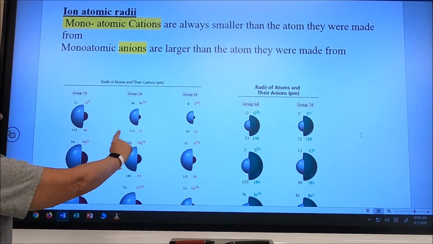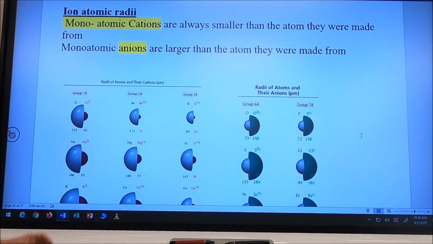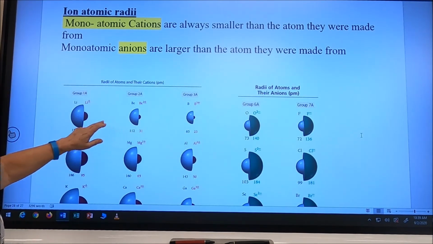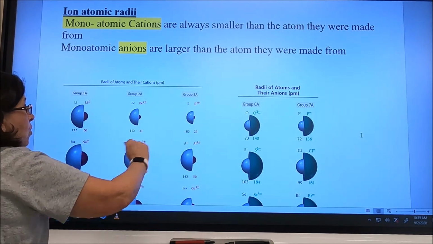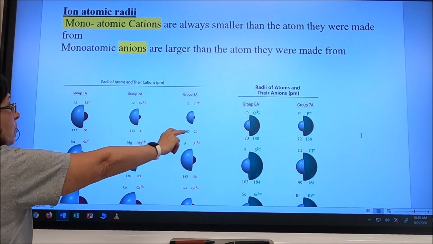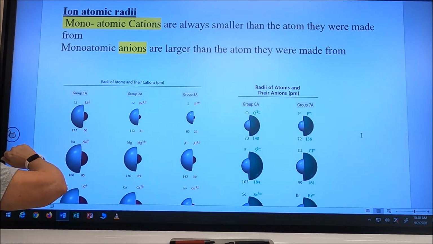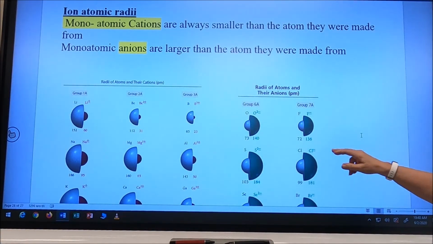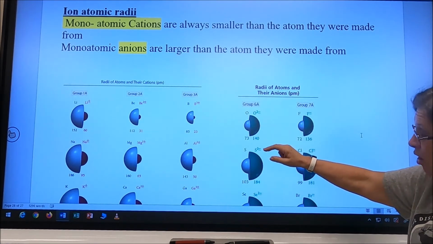Notice that the larger the charge, the smaller the ion. So the boron ion, the beryllium ion, and the lithium ion are all isoelectronic with each other. The one that has the largest positive charge is the smallest. The one that has the smallest positive charge is the largest. If we look at the oxide ion and the fluoride ion, notice that the larger the negative charge, the larger the ion.